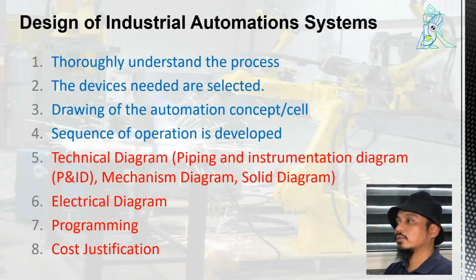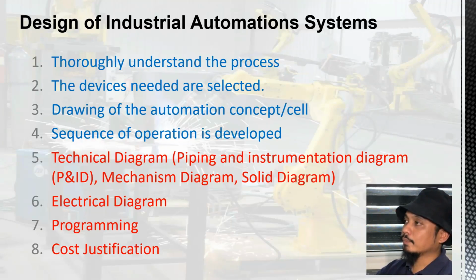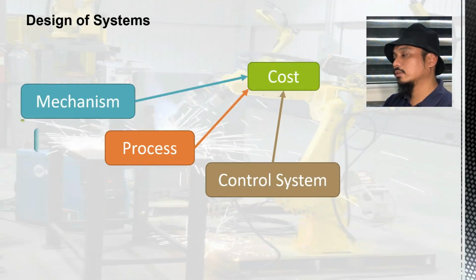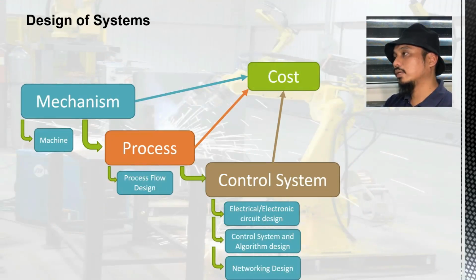So the cost justification is very important before implementing, or before agreeing with the project of the automation systems. Because the cost that comes out will relate to the mechanism of the machine, the process of the machine, and the control system of the machine.